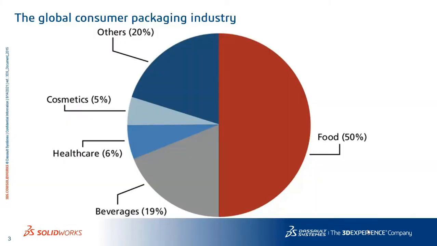In the global consumer packaging industry, around 50% goes to food, and the rest is beverages 19%, healthcare 6%, cosmetics 5% and others 20%, which may include other industry sectors. The CAGR of the Indian packaging industry has been growing at about 25% over the last 5 years, so it is a very booming industry.